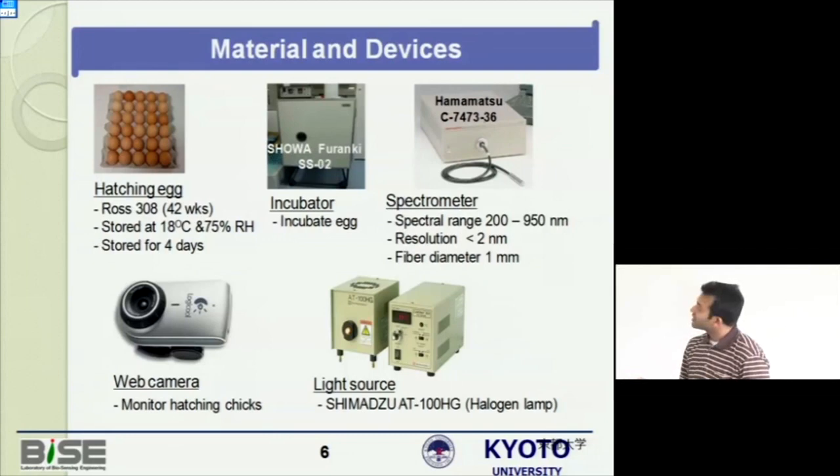These are the materials and devices. We use Ross 308 parental breed, 42 weeks of age, and we use a Hamamatsu C74736 spectrometer to measure the spectral transmission.